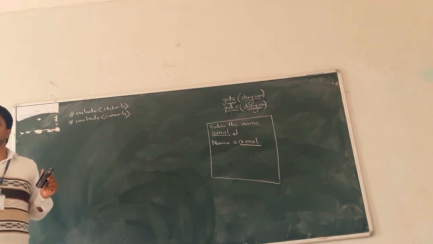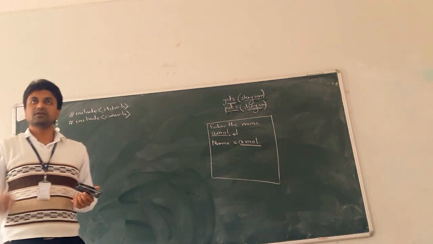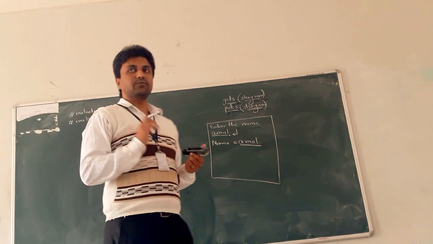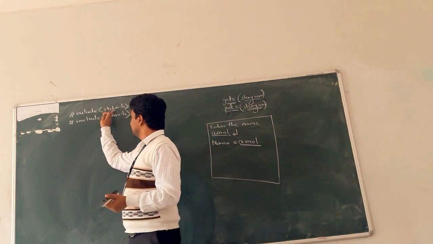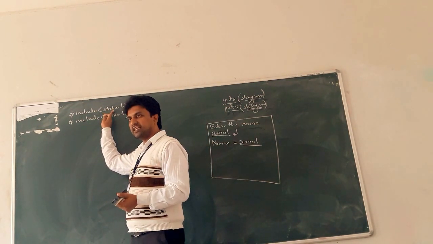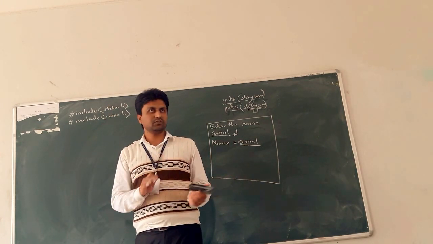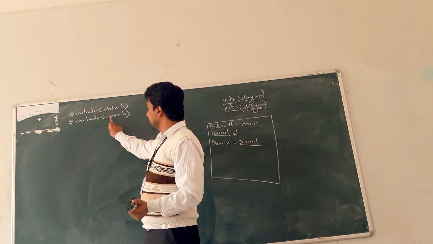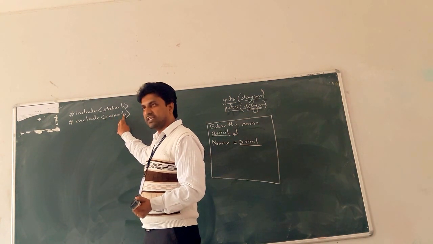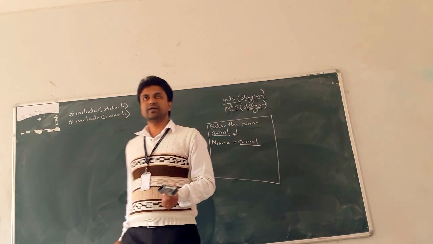Okay, why do we include stdio.h and conio.h? Because in every program we mostly want printf, scanf functions, and their definitions are stored in the stdio.h header file, and clrscr and getch are most frequently used functions, and their definitions are written in the conio.h header file. For that purpose we first include these two header files.